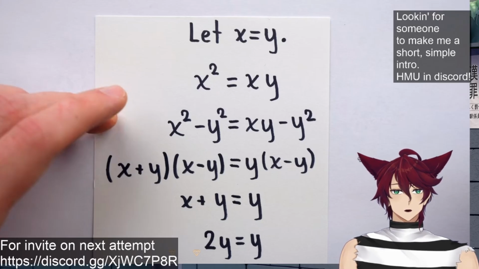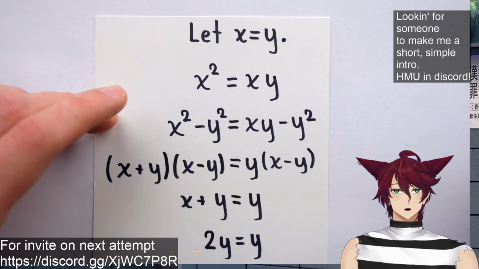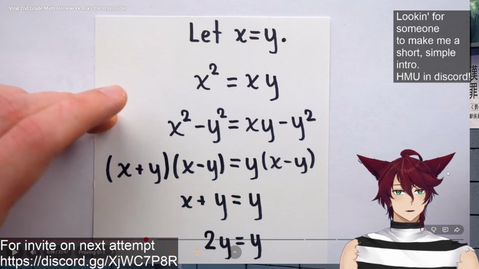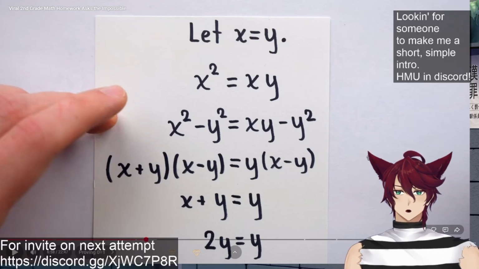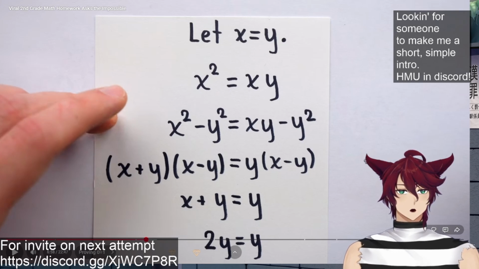And y plus y equals 2y equals y. Why? How did they do this? I didn't see the mistake. There's got to be a mistake. You can't just do this. x equals y, so we have xx equals xx.